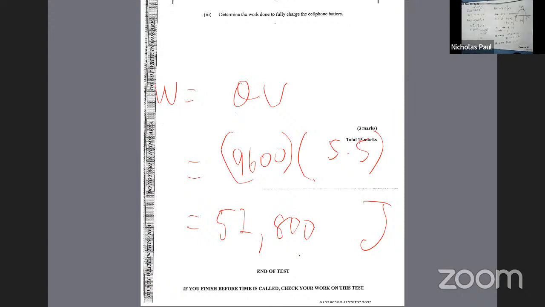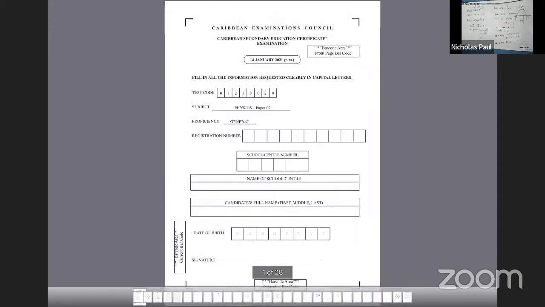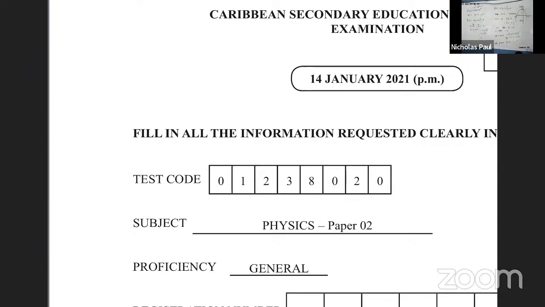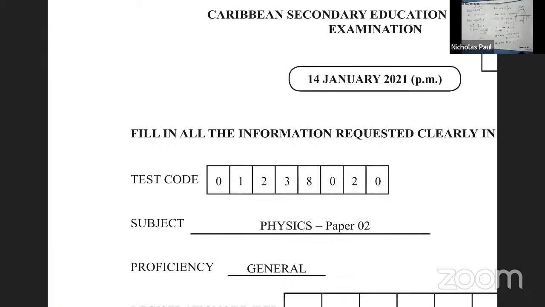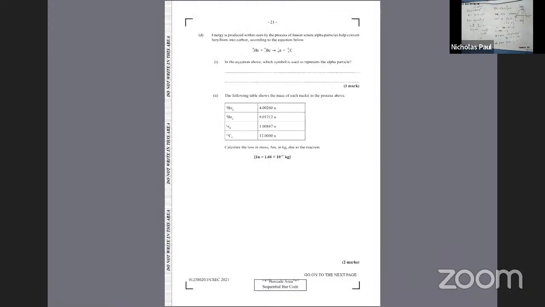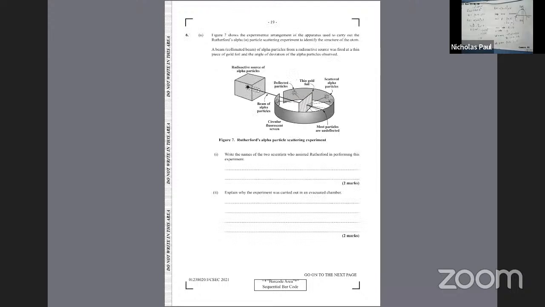Right, I have one on charge here. This is Jan 2021. Right, this one is a little bit different, so let's see if we can figure it out.